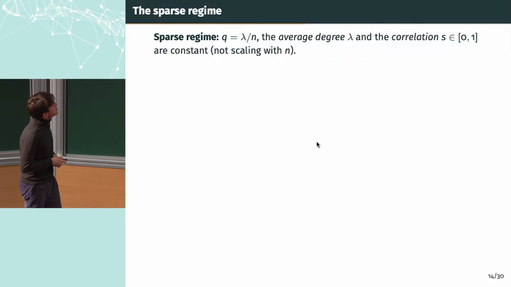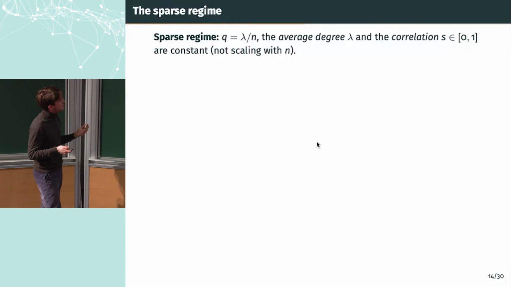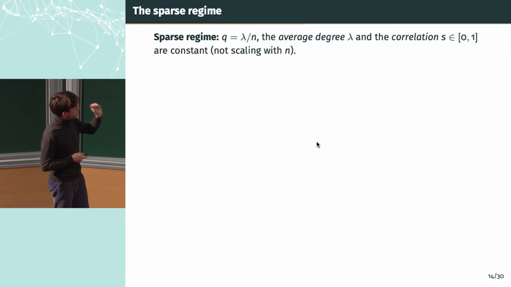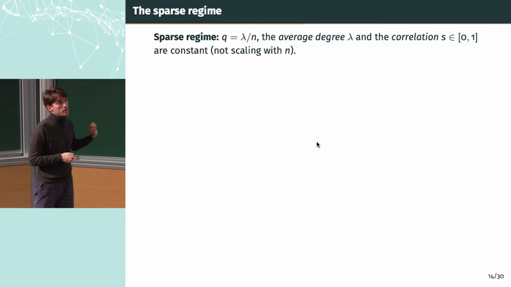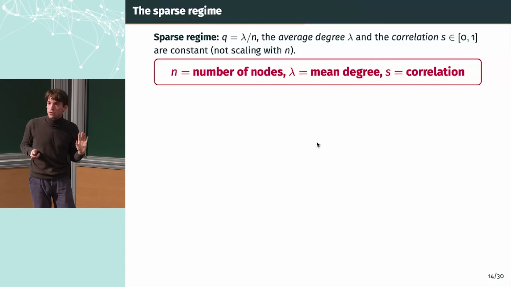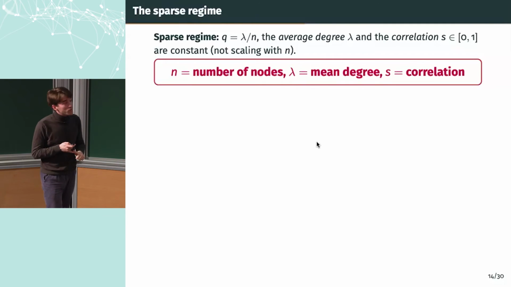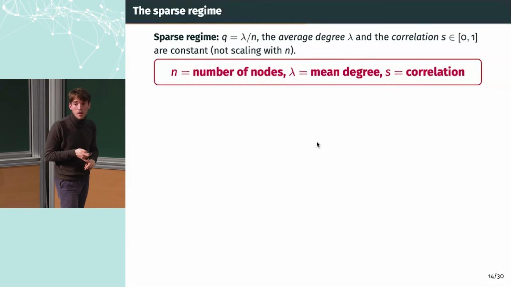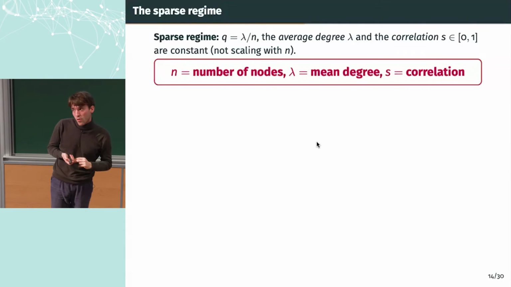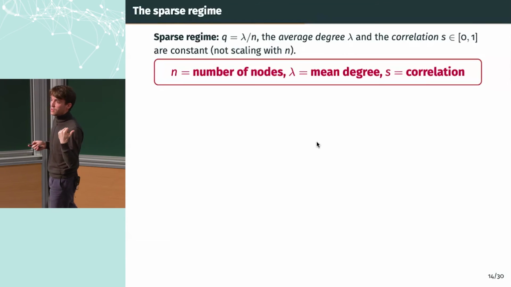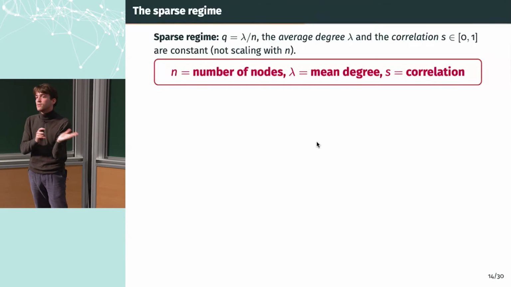So that means that the average degree in my graph is lambda, and the correlation S will be a constant, not scaling with n. So for the rest of the talk, you can just keep in mind these three parameters: number of nodes n, mean degree lambda, and correlation S. All the results then will depend on these parameters that quantify the hardness of the problem.